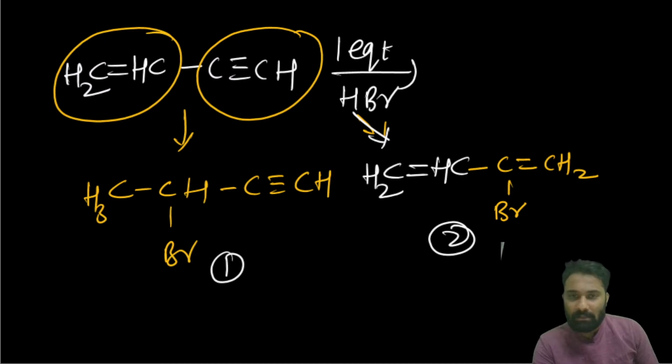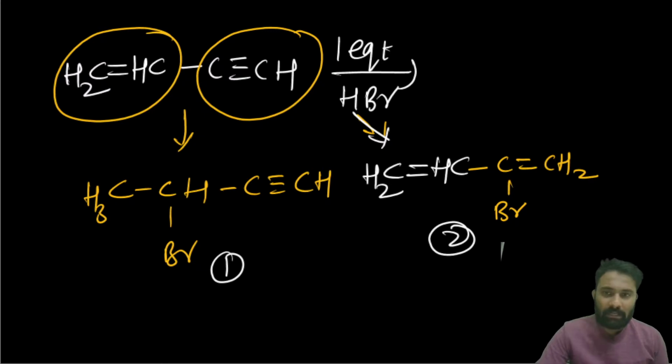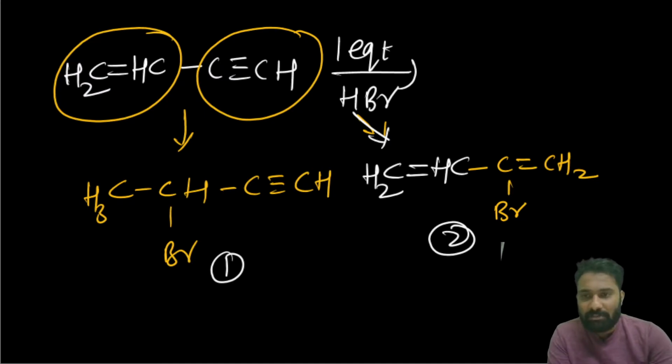I will continue with amines. My class schedule: first GOC is done, then hydrocarbons, then alkyl halides, then alcohols, phenols, ethers, then carbonyl compounds and the amines. In this manner organic chemistry classes will run.